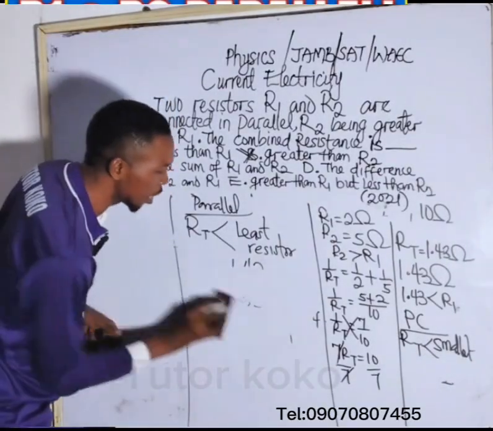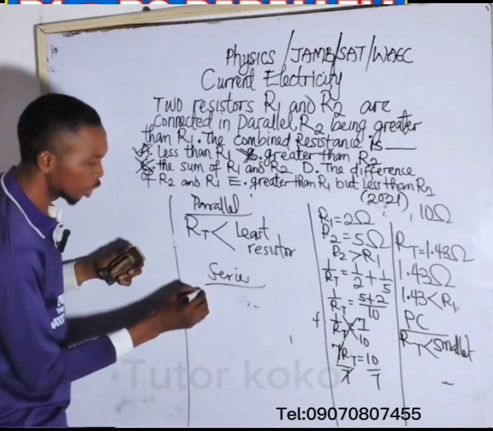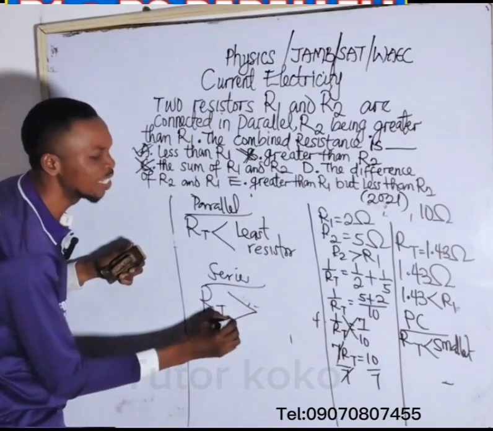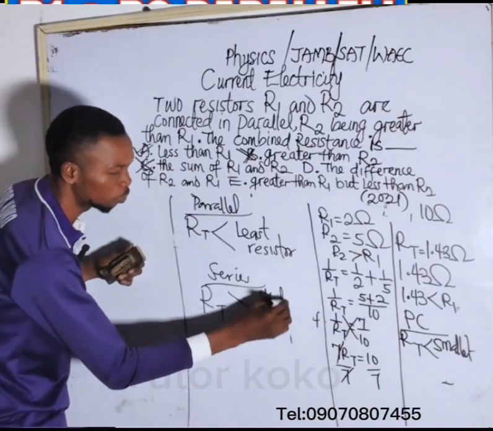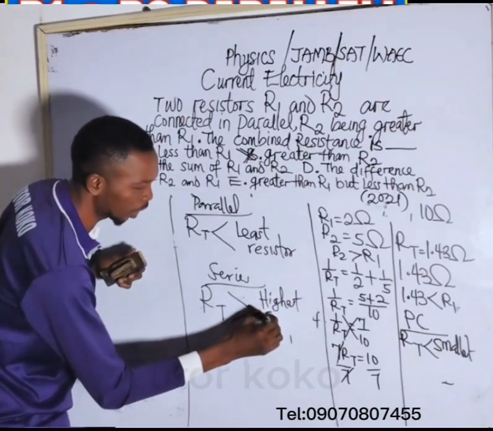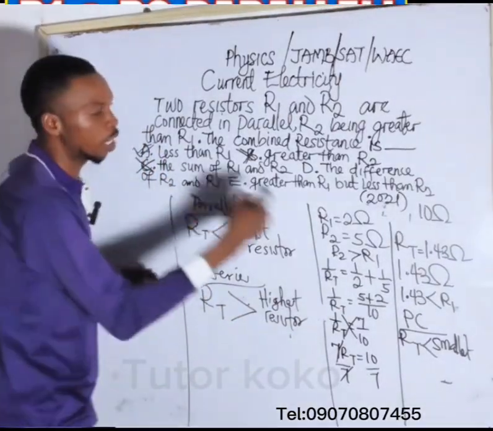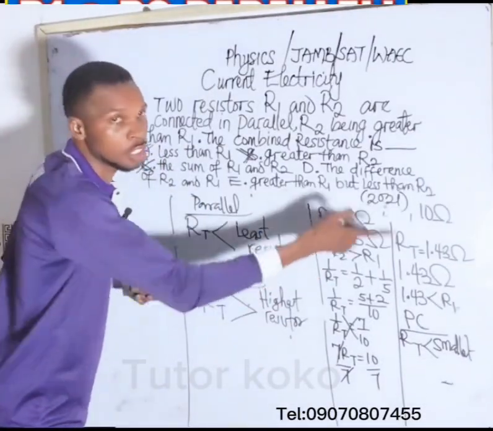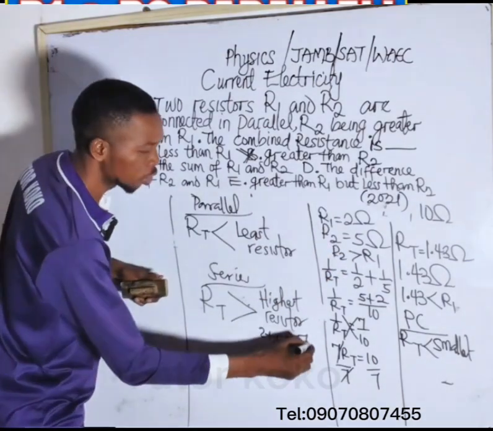So what I'm trying to say is this. If it were a series connection, the combined resistance would be greater than the highest resistor. Take note. Let's combine these resistors together in series. That will be 2 plus 5. That's going to give us 7 ohms.